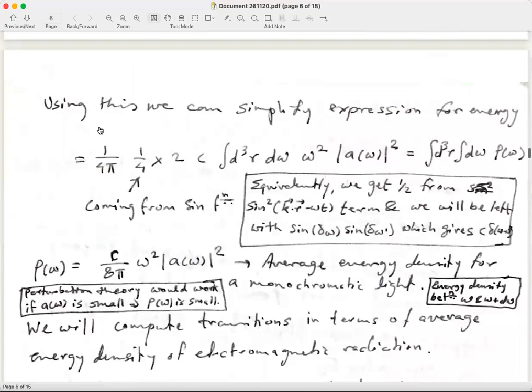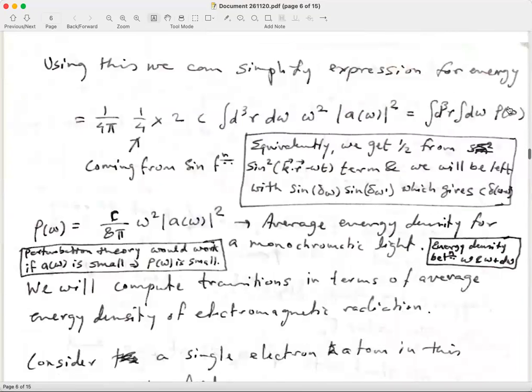Fine. So what you get is that the expression for energy takes a form like this, and we define that as the integral d cube r d omega times rho of omega. All we have to do is collect these pieces. You get 1 over 8 pi back from here, so you get c upon 8 pi times omega squared times mod of a omega squared.